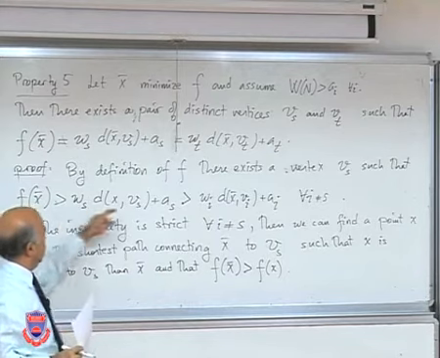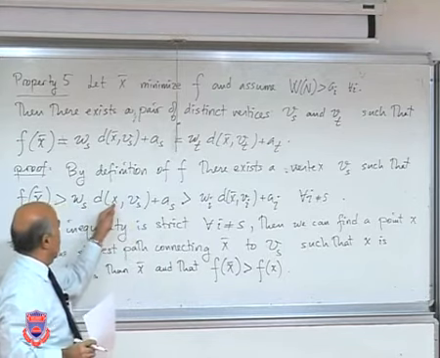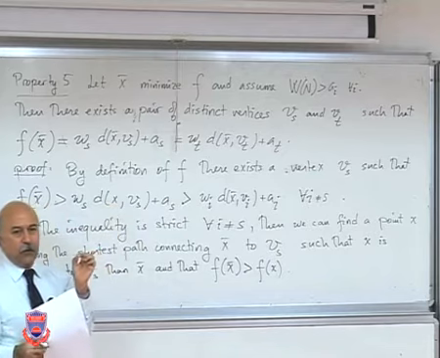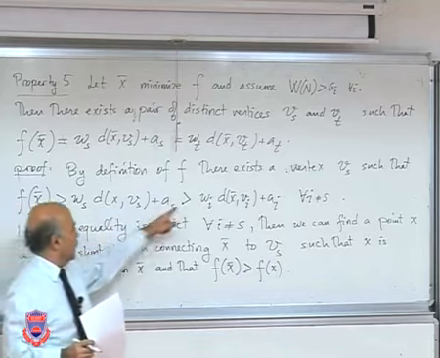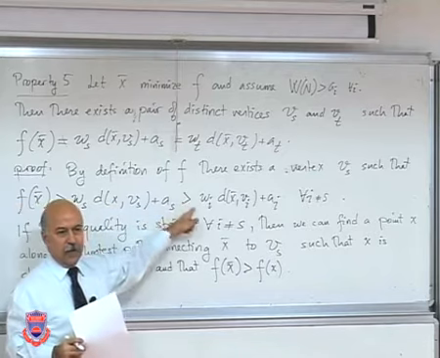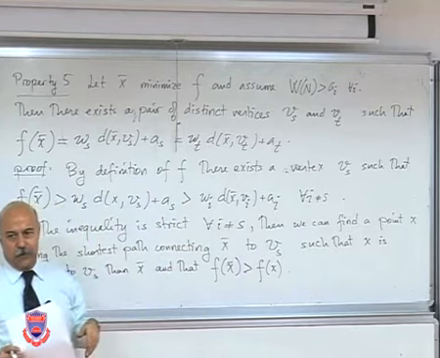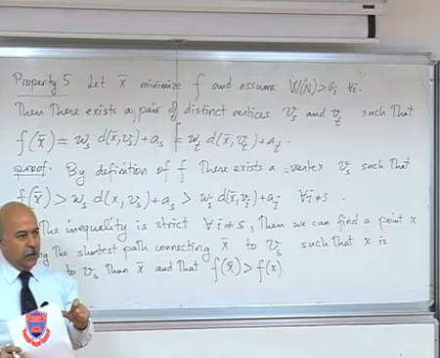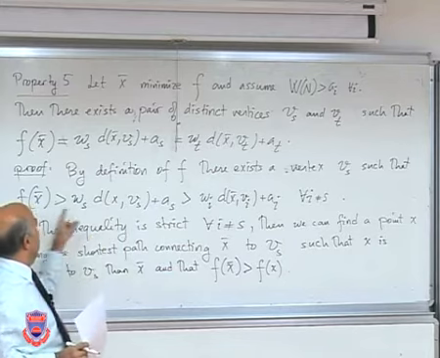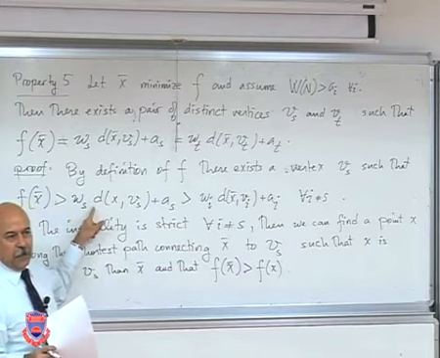And of course, because we had strict inequality, I can keep x so close to x bar that all of the inequalities that we had here can still be preserved, that they wouldn't be switched, so that the value of f would still be defined by this particular weighted distance.